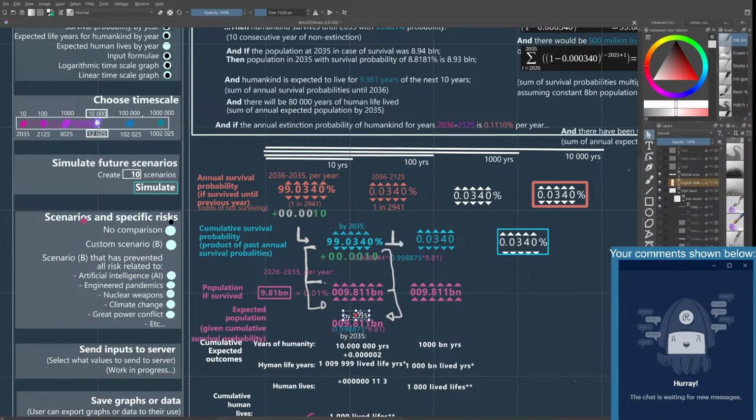And let's see, if I have billions and millions, that's how much space it would take.